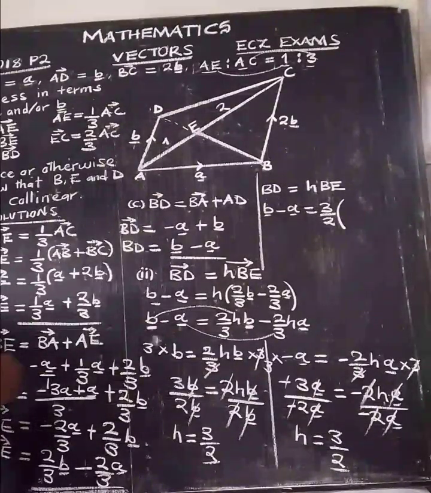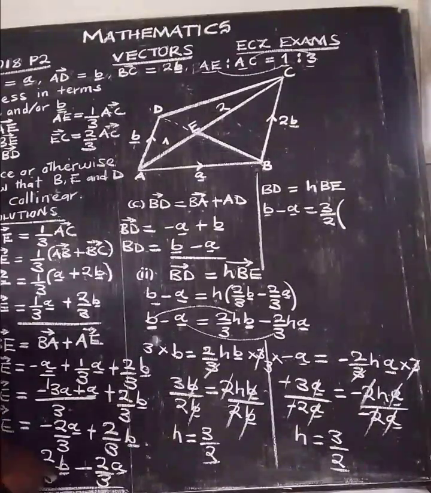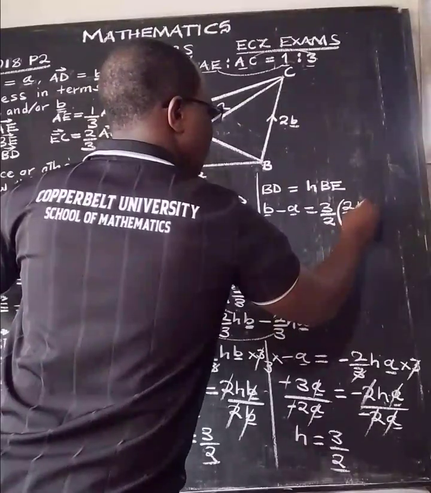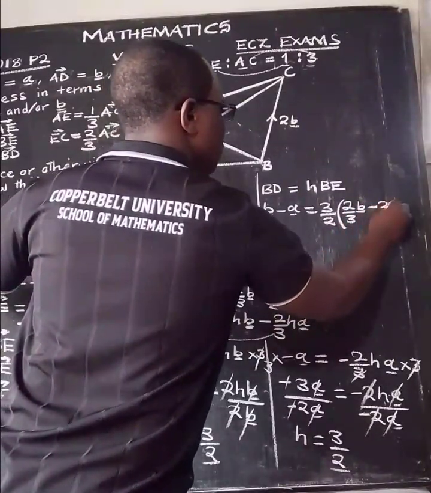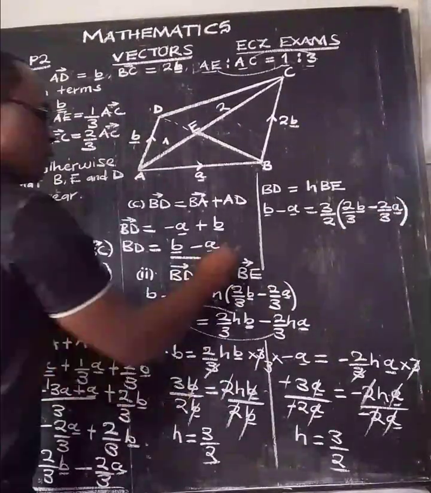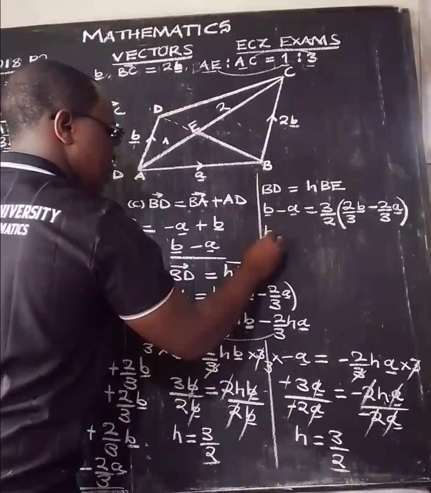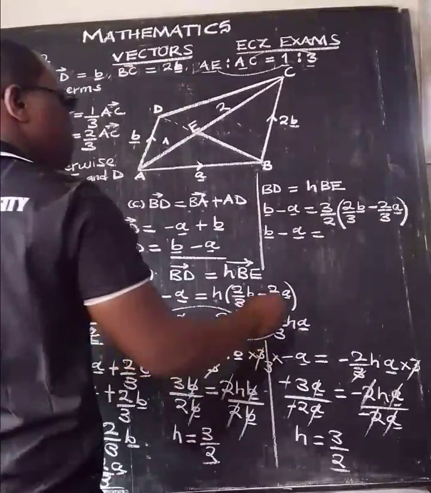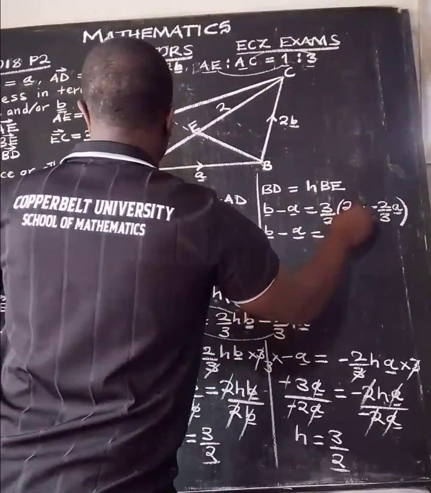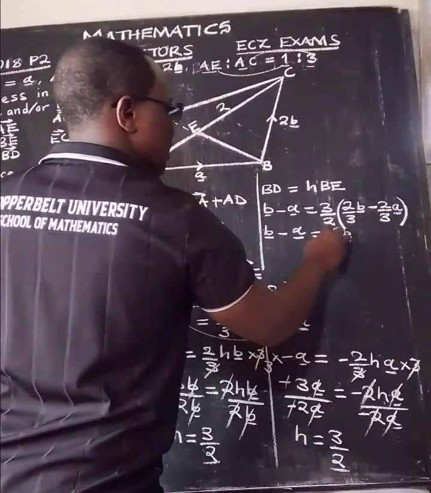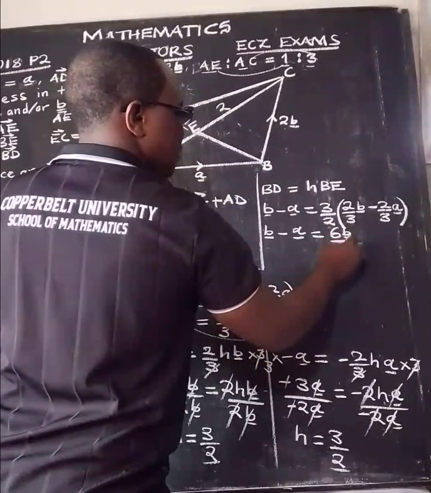Remember, BE was 2 over 3 vector B minus 2 over 3 vector A. So we're going to maintain B minus A, so that when you multiply now, 3 times 2 vector B, we get 6 vector B over 2 times 3, we get 6.